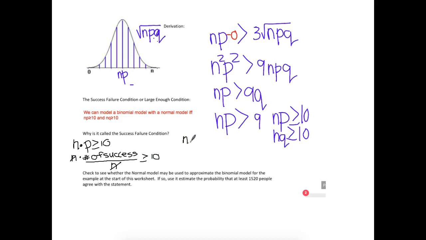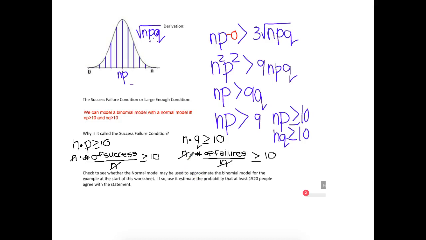And it's the same idea with the failures. If I do nq, it's really my number of failures out of the n total trials has to be greater than or equal to 10. And it's really number of failures greater than or equal to 10. Okay, so that's where that comes from.